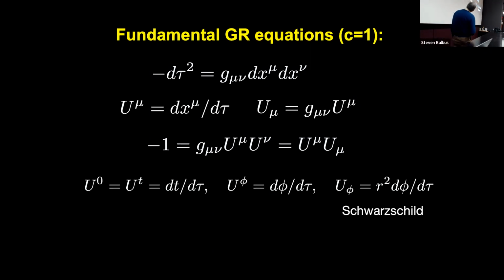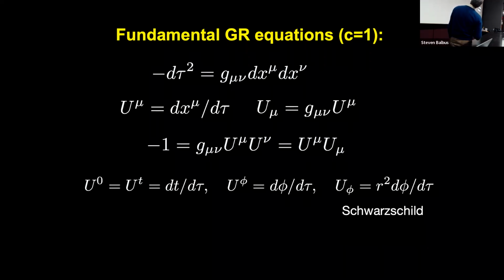And when you see an index here, you sum over it, the usual way. And for something like the Schwarzschild metric or the Minkowski metric, the G mu nu is diagonal. It has entries which are non-zero only when mu and nu are the same. So that's how you interpret that.